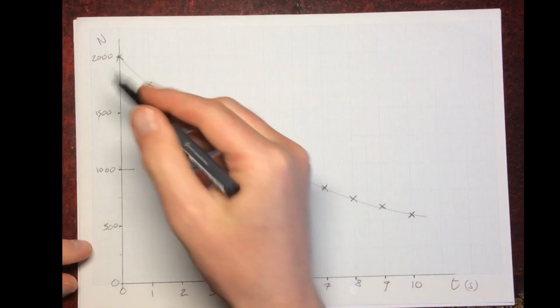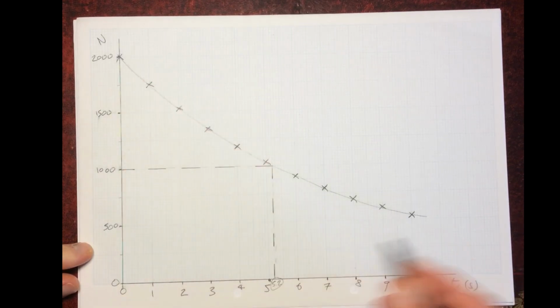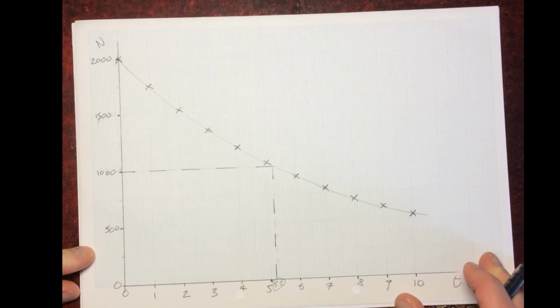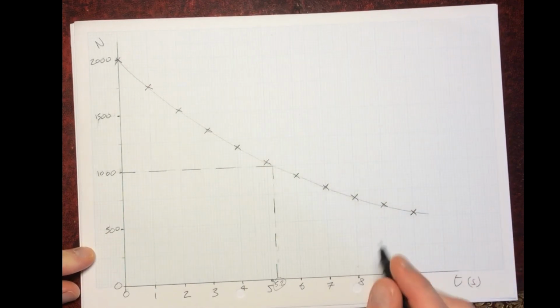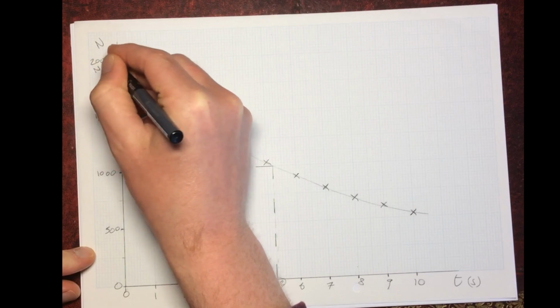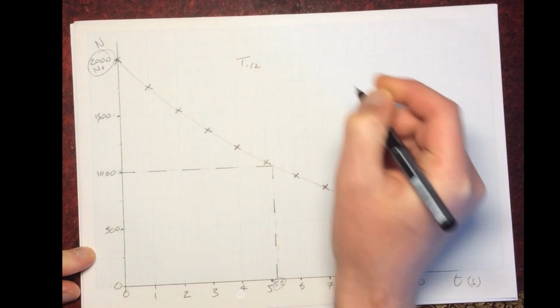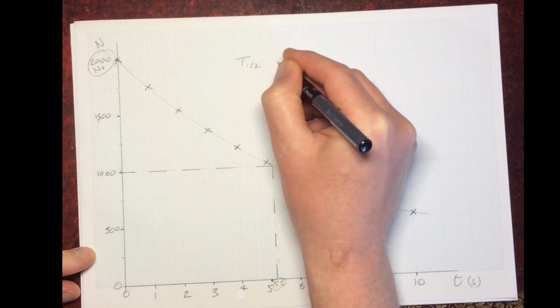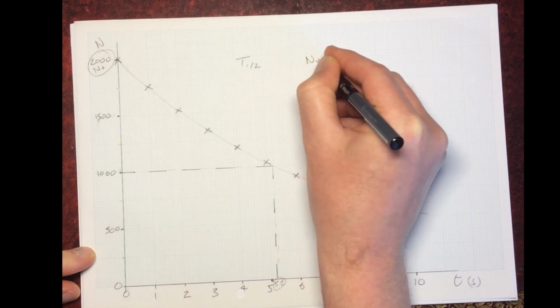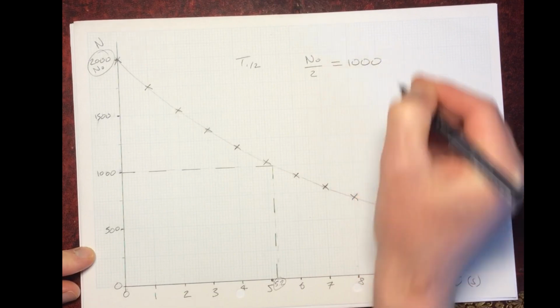So here you can see I've plotted the number of undecayed nuclei against time, radioactive decay curve. Sorry about the slightly wonky line of best fit or curve of best fit. This is our original number of nuclei, n naught here, isn't it? So after one half-life, n naught is obviously halved, and that's going to give us 1,000.